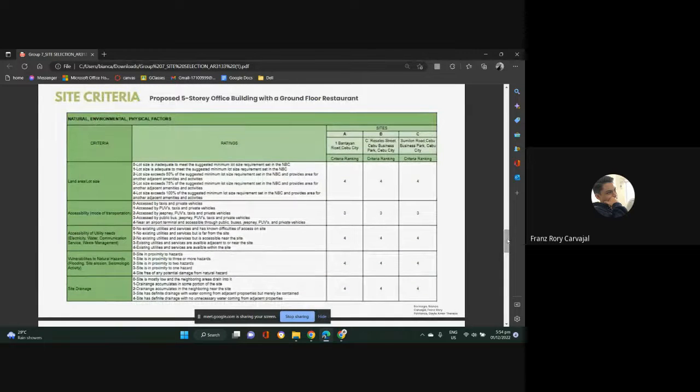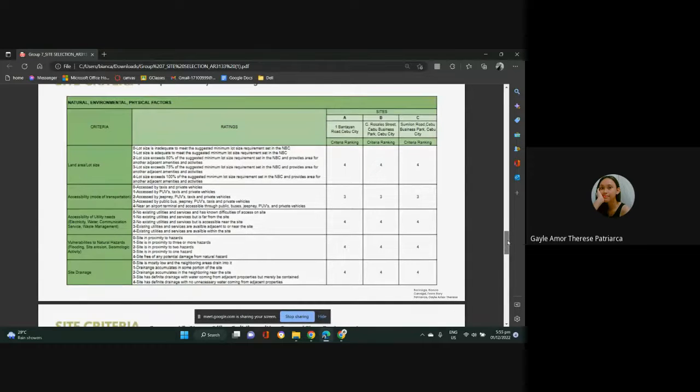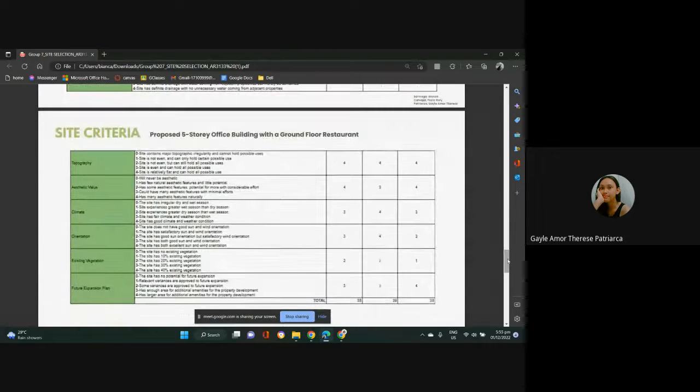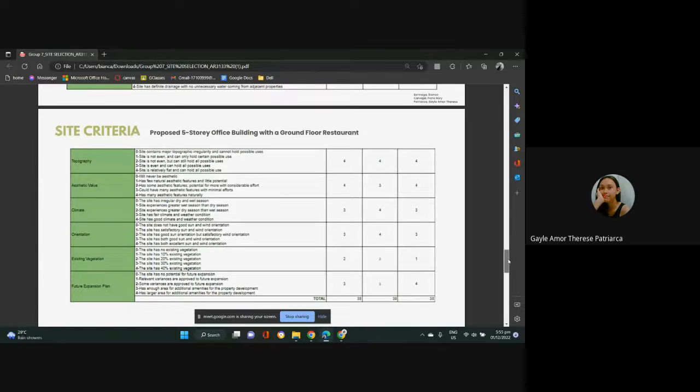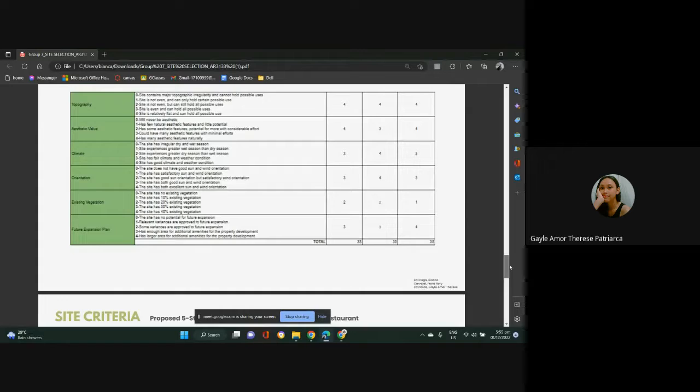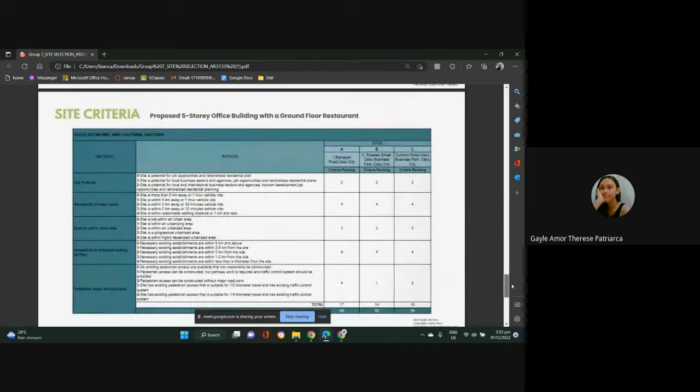So here is the site criteria rating table that we came up with, the points and their corresponding rating for the natural, environmental, and physical factors. Site B had the highest rating of points, while in the socioeconomic and cultural factor, Site A has the highest rating with 17 points.